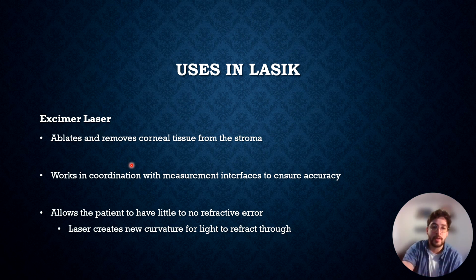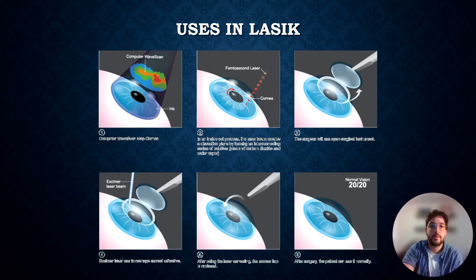We are right in the pocket of 20/20 vision there, and it allows for the patient to have little to no refractive error by creating a new curvature. That laser will remove material from the stroma so that light will bend at a different angle, and that way the light will focus right onto the retina.